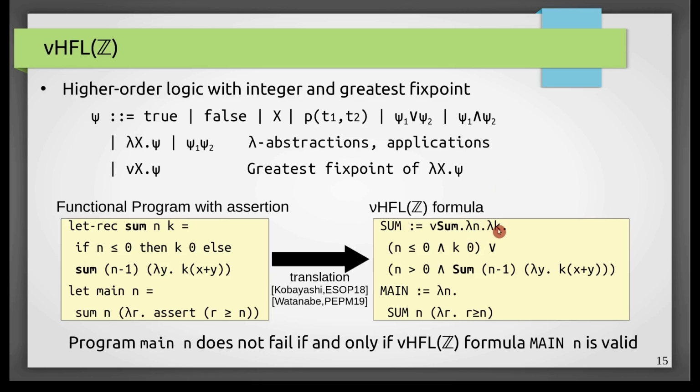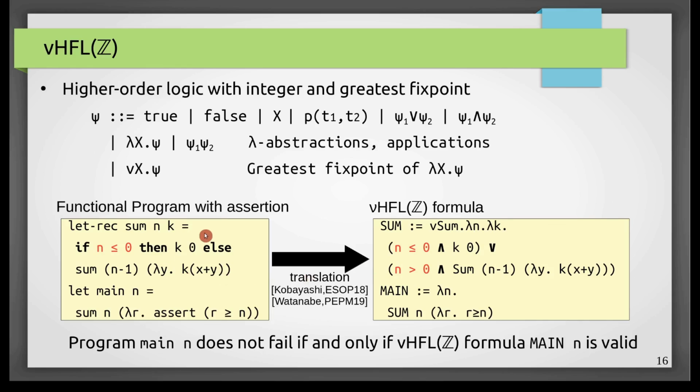Recursive function sum is translated into greatest fixed point sum. In the body, the if-then-else expression is encoded by a combination of conjunction and disjunction.